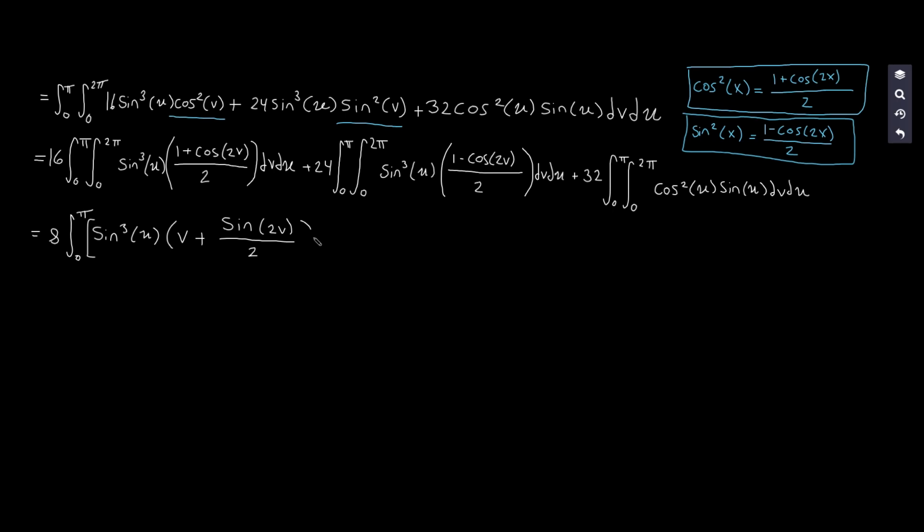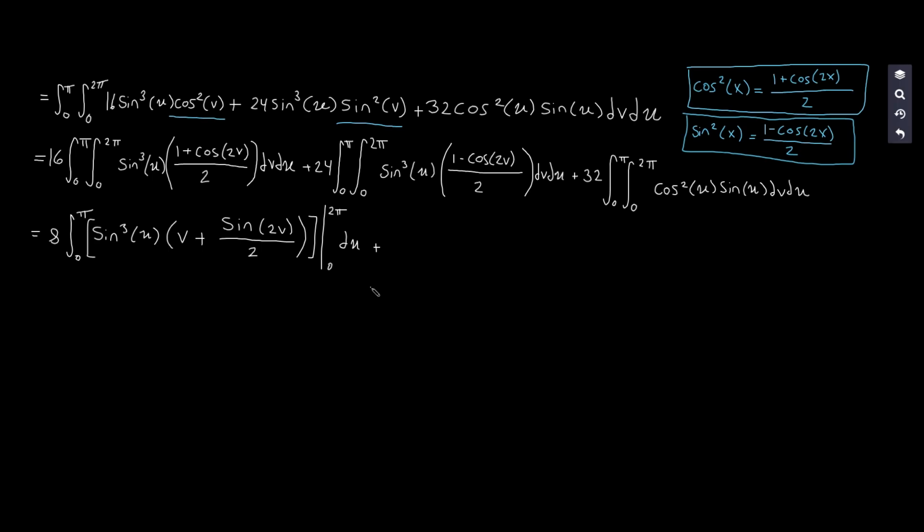So we're going to have v plus sine of 2v over 2. And then this is going to be dv du. Wait, hold on. Evaluated from 0 to 2 pi, right? And then with the outside, it's going to have du.